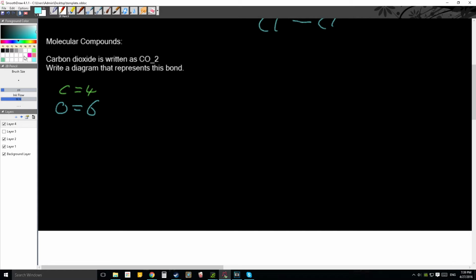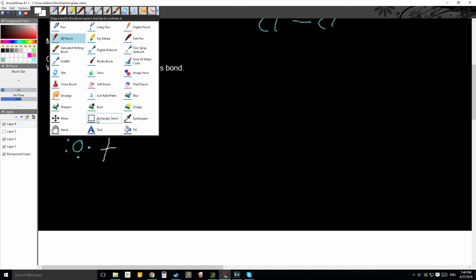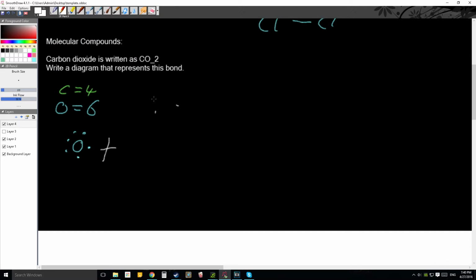So oxygen, oxygen 1, 2, 3, 4, 5 on one side, 6 on the last, and plus the same thing, or actually a better way of doing it is doing our carbon next, just to get that out of the way.